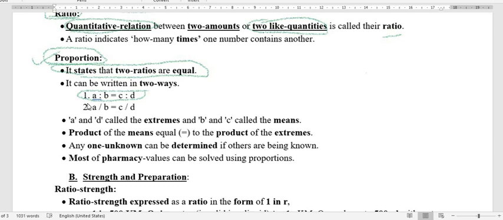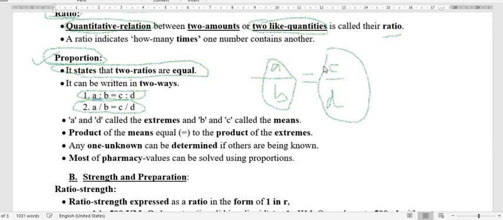Or in another way, we represent it as a divided by b equal to c divided by d. So this one ratio is equal to the other ratio, and this is called proportion.